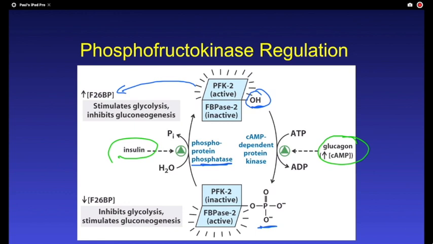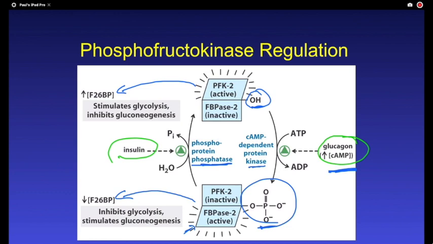In liver alone, because muscle doesn't have a receptor for glucagon, in a starvation state or you're really, really hungry, glucagon is given out. You have low blood glucose. This causes a kinase to work on the enzyme to put a phosphate on this enzyme. I have the phosphatase there, and it breaks down 2,6.